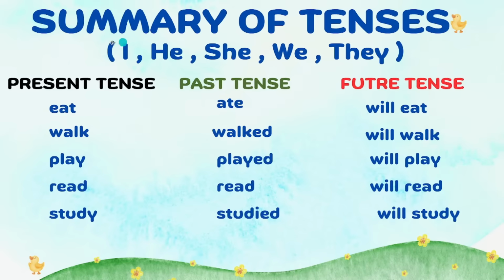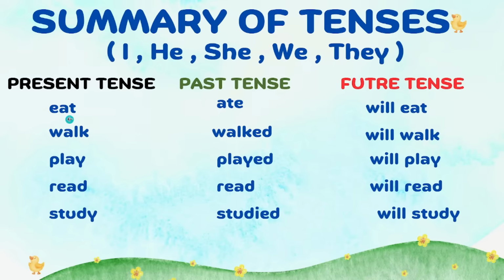I made a summary here for the different tenses. The most important tenses are the present, the first lesson last Monday, and then the past tense, and then the future tense. For example, for the present, the verb "eat."